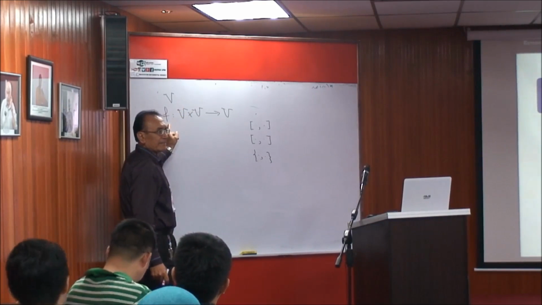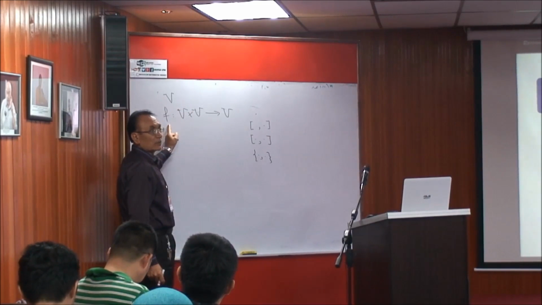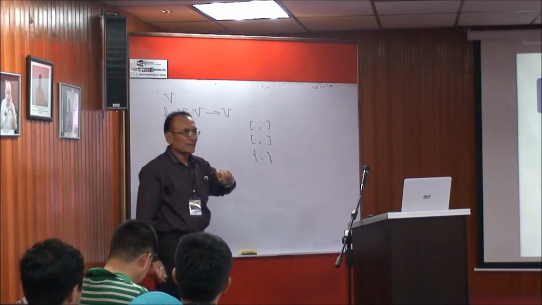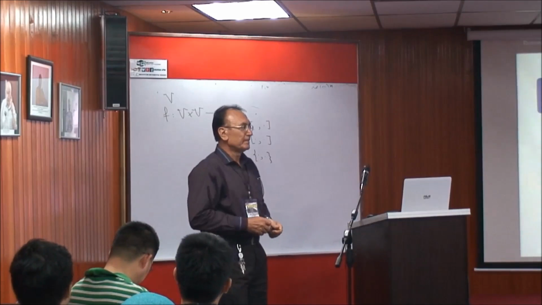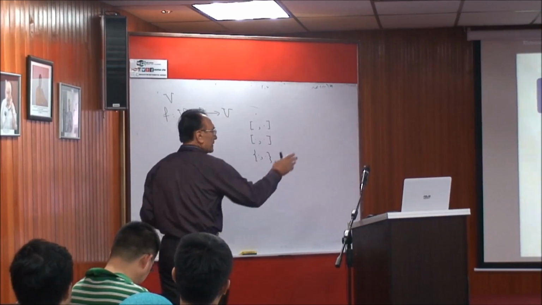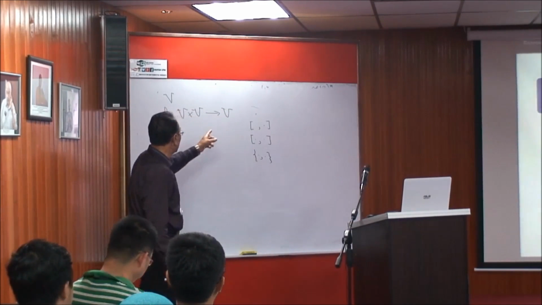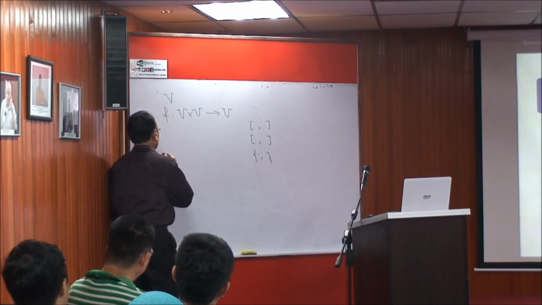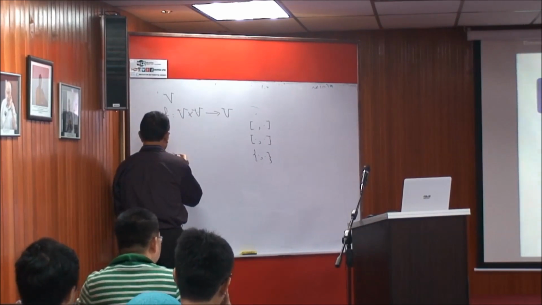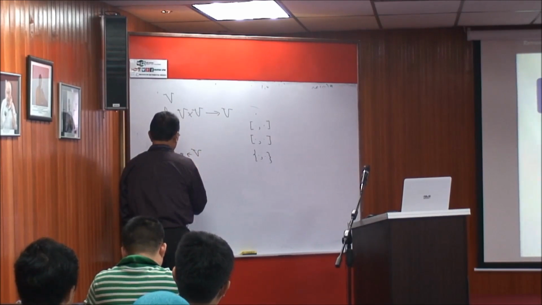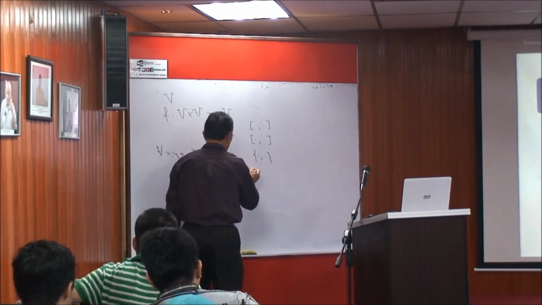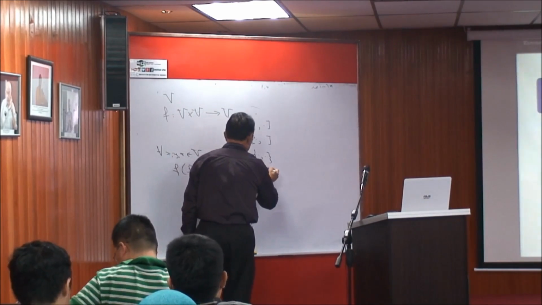This is a bilinear binary operation on B. Depending on properties of this F, you can specify different kinds of classes of algebra. See, if it is associative, associativity means for any three x, y, z, from here you have f of x, y, z is f of x, f of y, z.